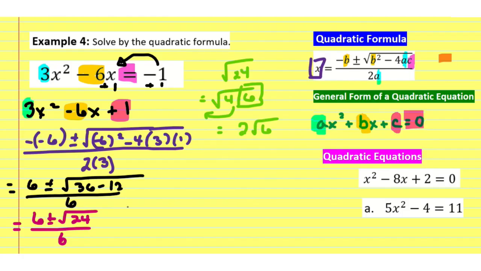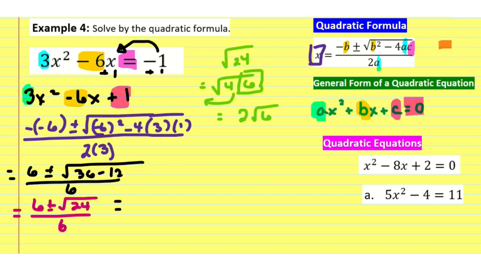So now I can rewrite that. That is going to be 6 plus or minus 2 radical 6, all divided by 6. There's a common factor. The common factor between 6, 2, and 6 is 2. So that means I can divide out the 2.